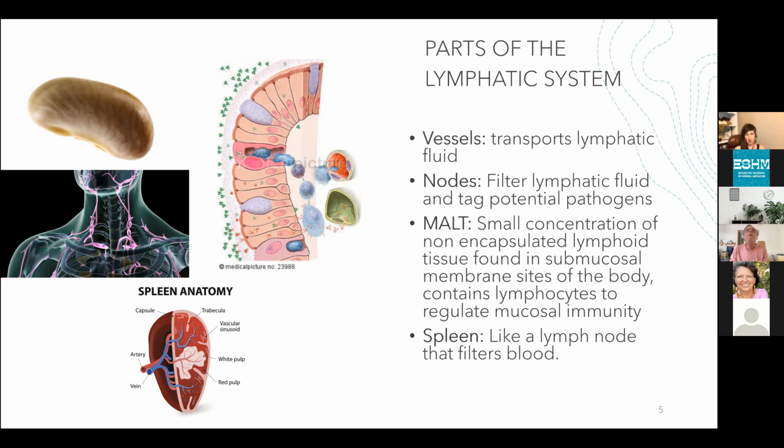Especially we have them in the gut and in the urinary system in high concentrations. We have the spleen, which is a lot like a lymph node, but it filters blood. So it has that same sort of filtering and tagging aspect as a lymph node, but it's blood. There's also the maturation of blood cells that happens in the spleen.